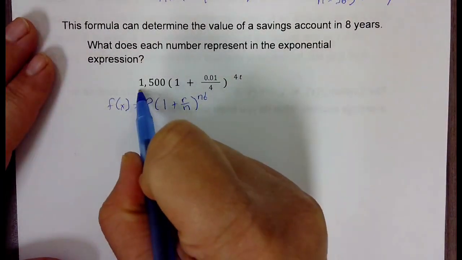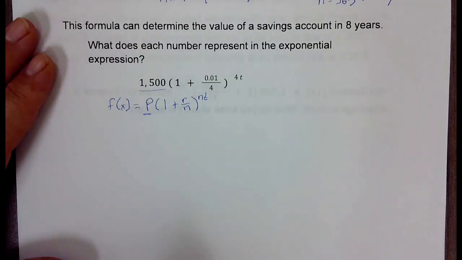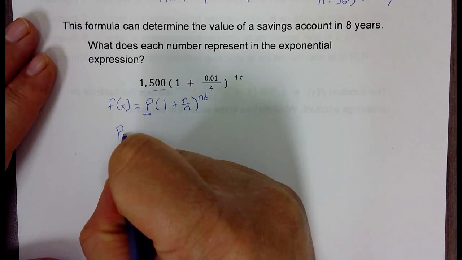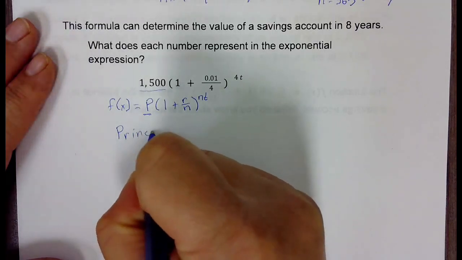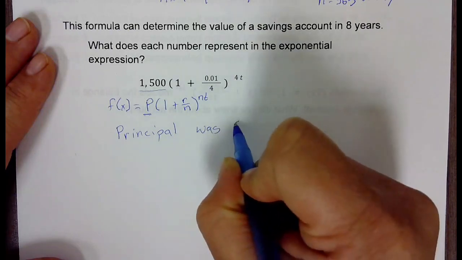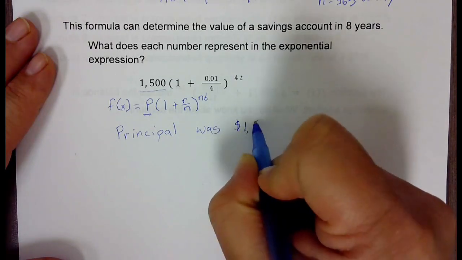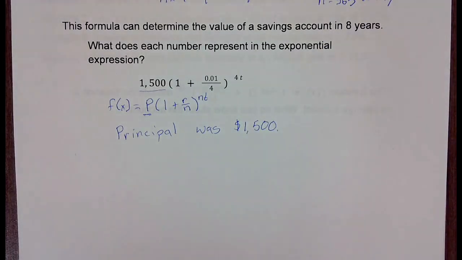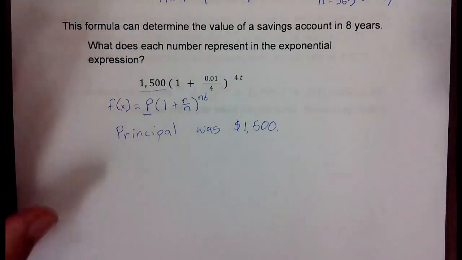So I know P is 1,500, and P is the principal. So the principal was $1,500, or they originally deposited $1,500 in the account.